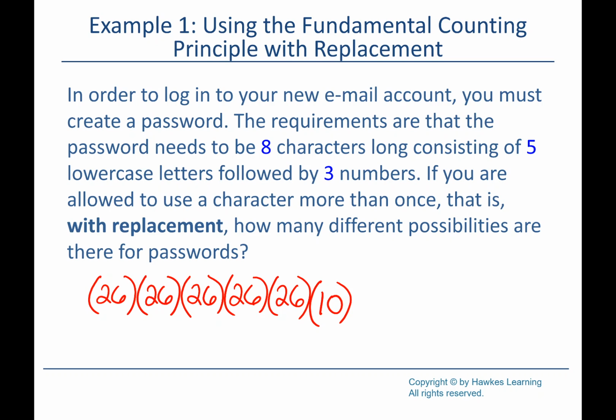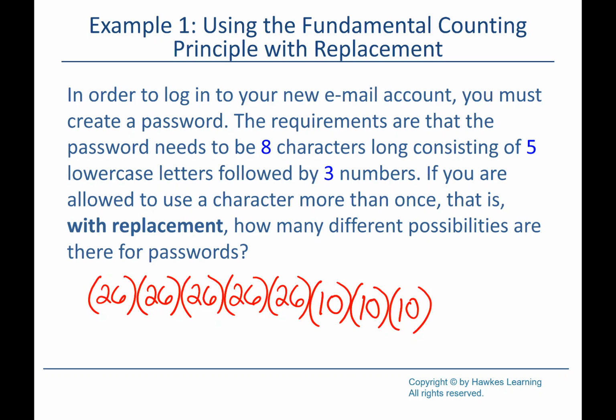We could use that same number again. So 10 choices on the next one, and then 10 choices on the last one. So there's our fundamental counting principle.